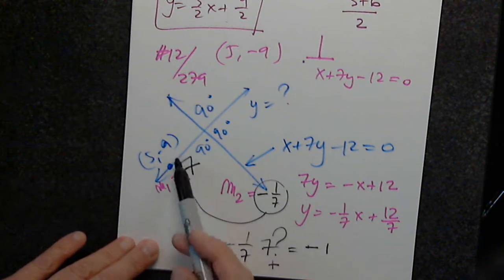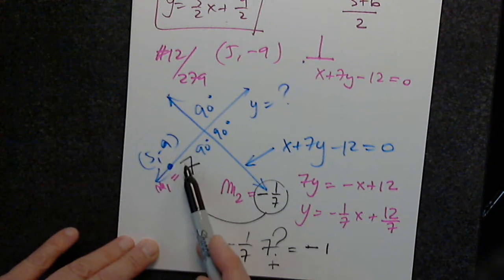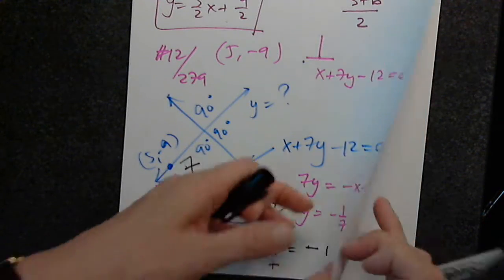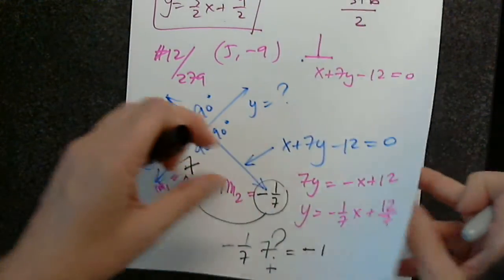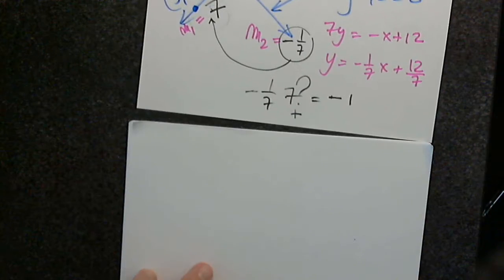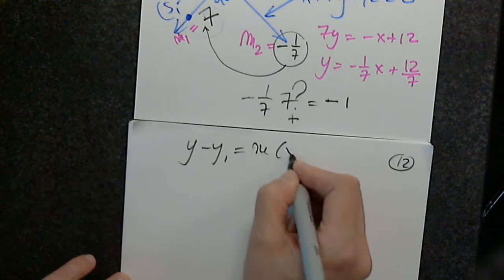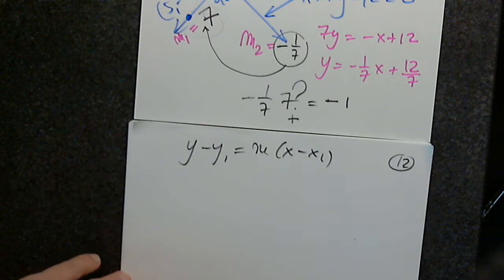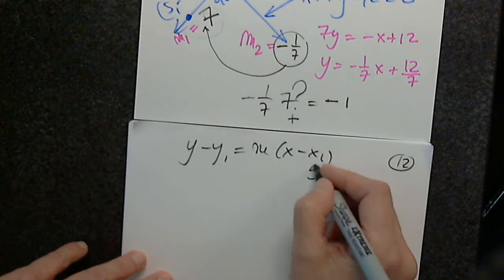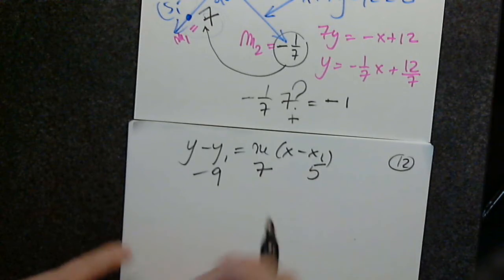So now I have a point and I have the slope. So we write the same equation again: y minus y1 equals the slope times x minus x1. Why? Because I don't have the y-intercept. So 5, -9, and 7.